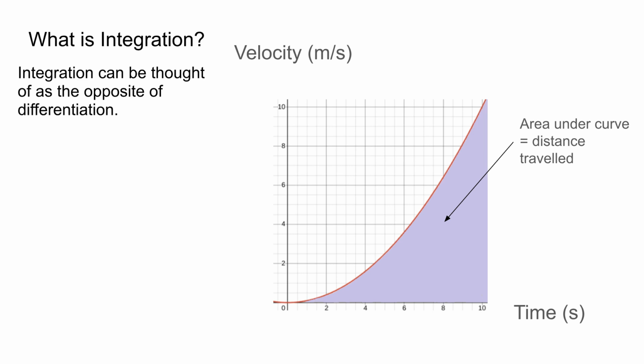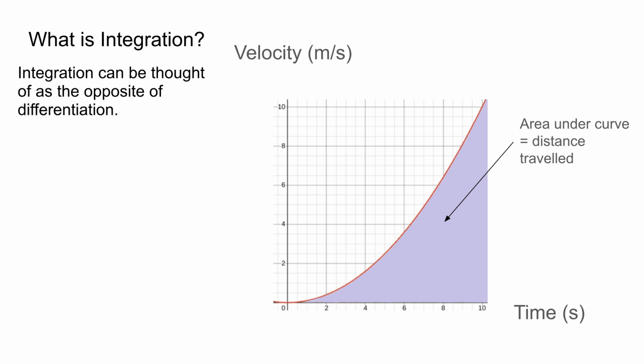Now I want to move on to something different called integration. From physics, we know on a velocity time graph, the area under the curve equals the distance traveled. And since velocity is a derivative of distance, in order to find distance, we would need to somehow find the antiderivative of velocity.